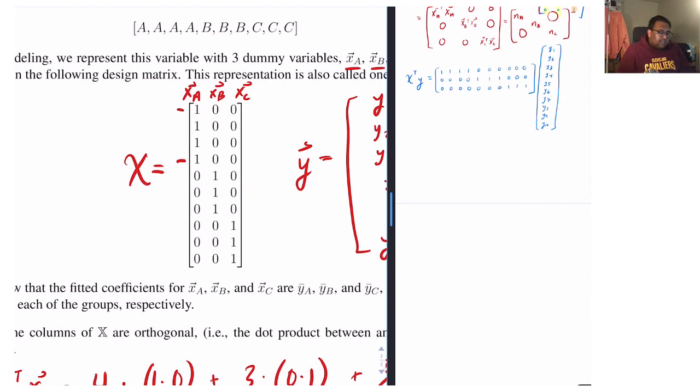The second element in that vector should be the sum of Y5 through Y7. And the third element should be the sum of Y8 through Y10.